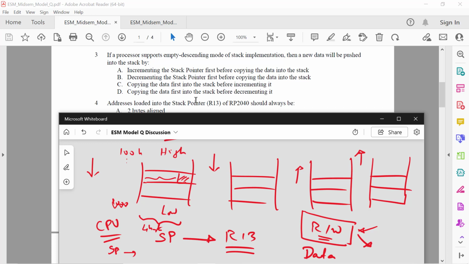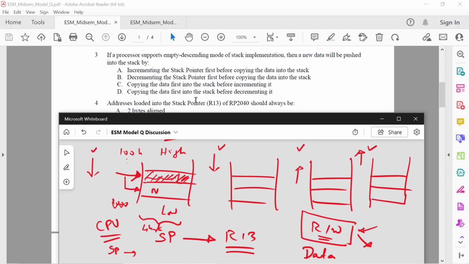Now, I said that the stack can grow downwards. These two are some examples, and the stack can grow upwards, and these two are growing towards the higher address. Even within the stack growing towards the lower address, there are two ways it can be done. Suppose a stack pointer is already pointing at a given address, and you can assume that valid data is already there in the stack. Whenever I want to push something into the stack, I will decrement the pointer and then push into the stack.